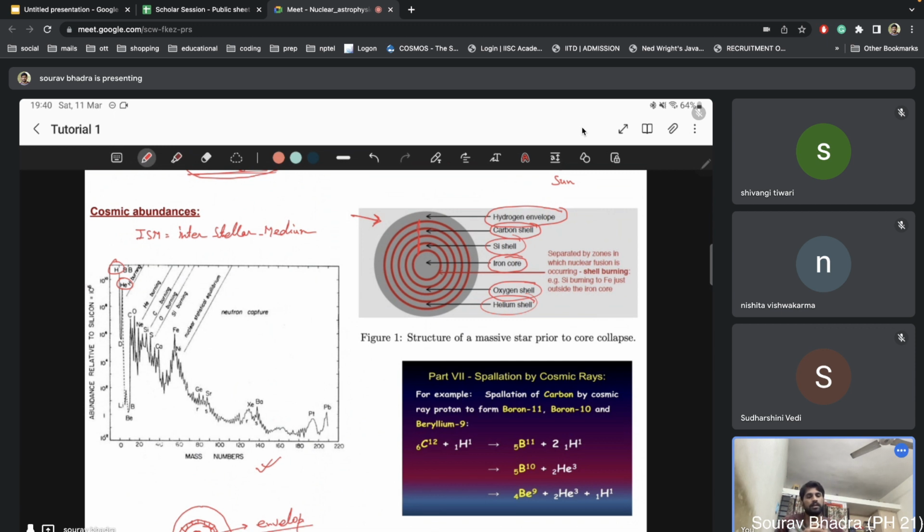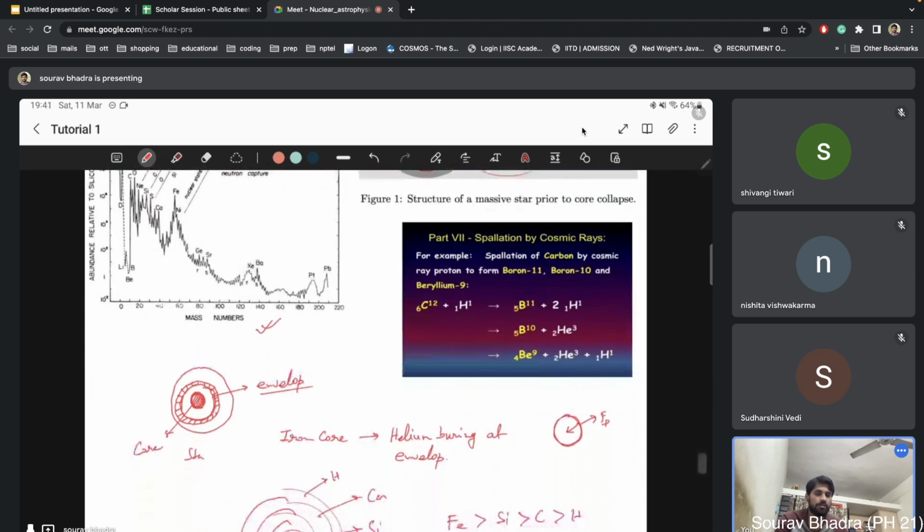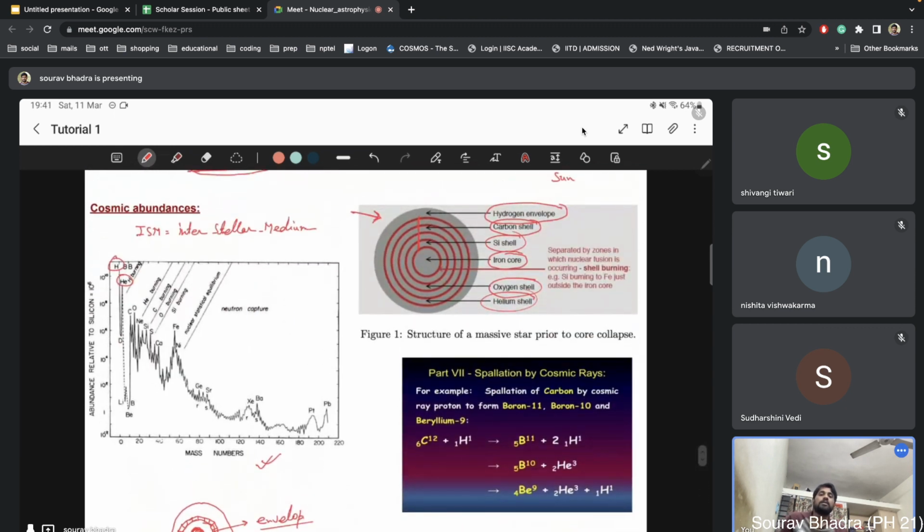When the star is exploding, all this metal which has been created in these different shells will be deposited in the ISM, the interstellar medium. So one of the main sources of higher elements in the interstellar medium is the supernova explosion.